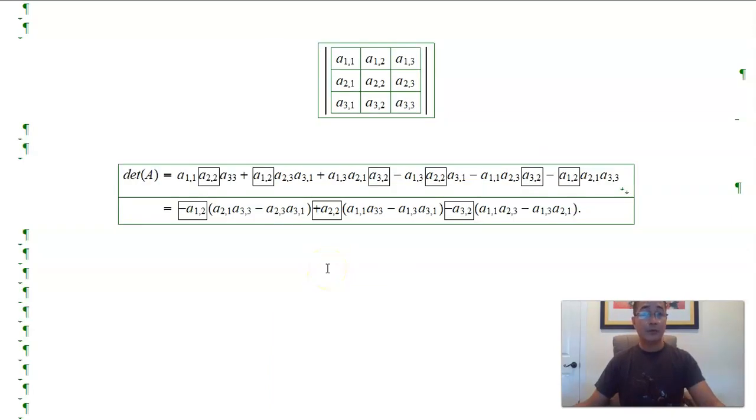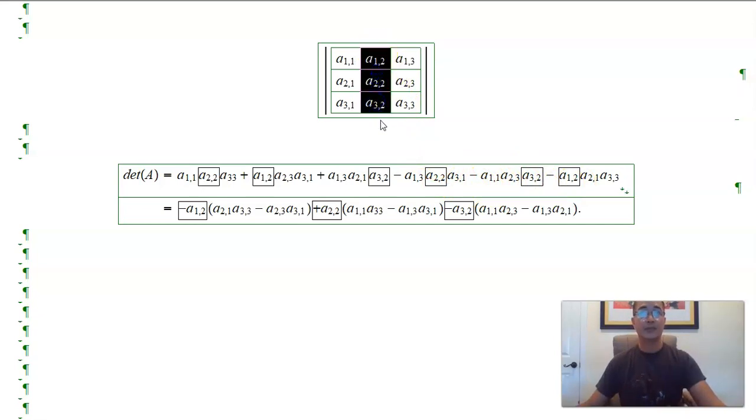Now, before we do the general formula for cofactor expansion, let's do another grouping, okay? So this time, what if I boxed over here? 2, 2, 1, 2, 3, 2, 2, 2, 3, 2, 1, 2. Ooh, what do they all have in common?